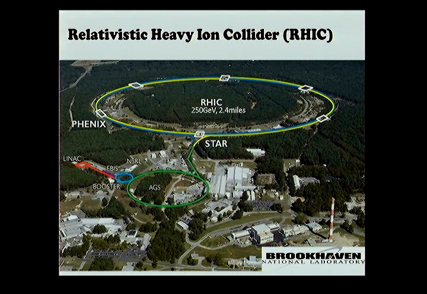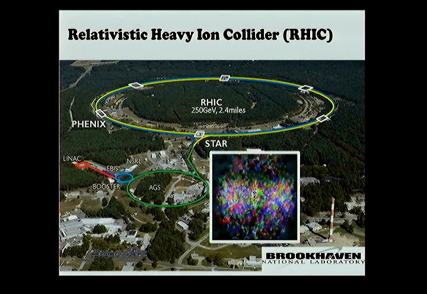RHIC collides heavy ions and polarized protons. RHIC is one of the two existing heavy ion colliders in the world. The other one is the Large Hadron Collider, LHC, at the European Nuclear Research Facility, CERN. RHIC is the only high-energy polarized proton collider ever built.